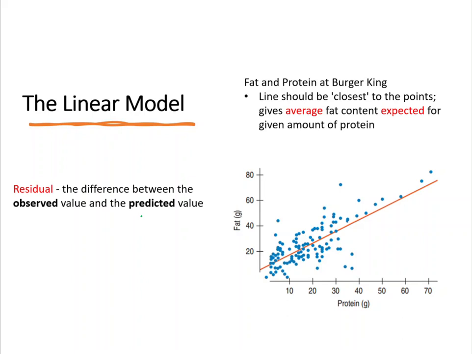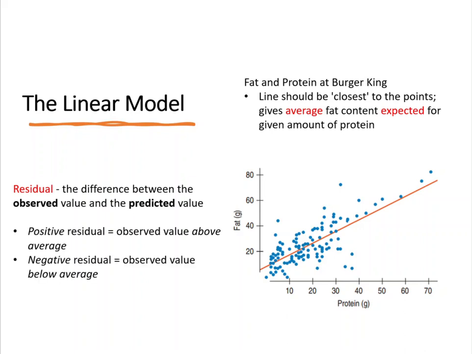When we have a positive residual, we would say that the observed value is above the average of what we expected. Conversely, if I have a negative residual, the observed value is going to fall below that expected average.